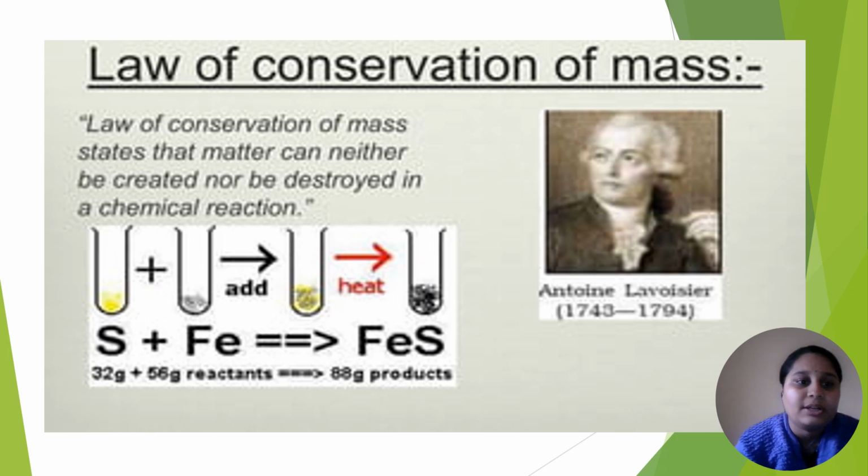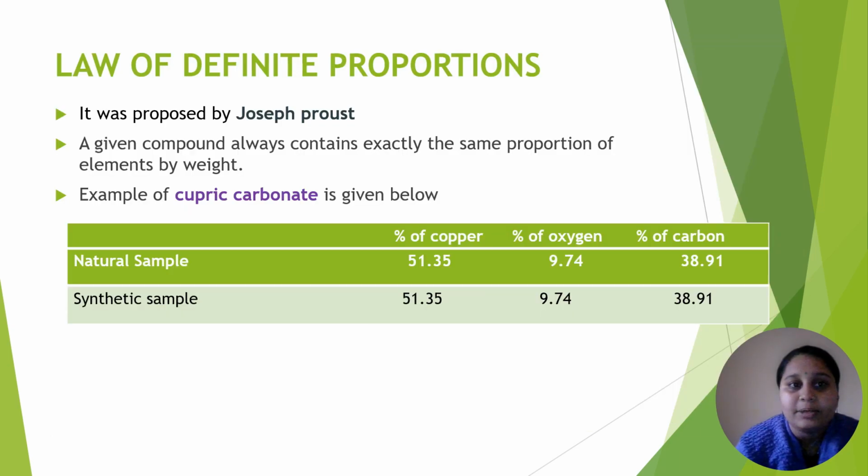Here, sulfur plus iron, when heated, gives iron sulfide. 32 gram of sulfur and 56 gram of iron give a total product of 88 gram. Whatever is present on the reactant side is present on the product side.